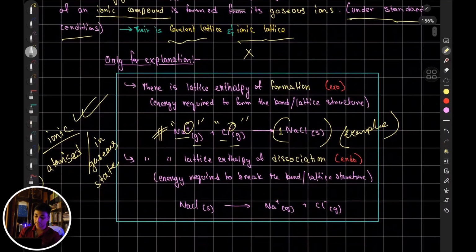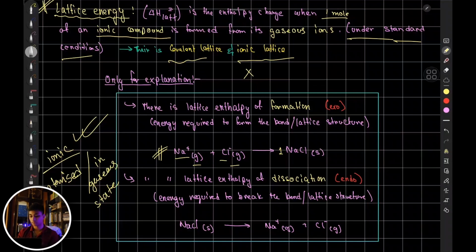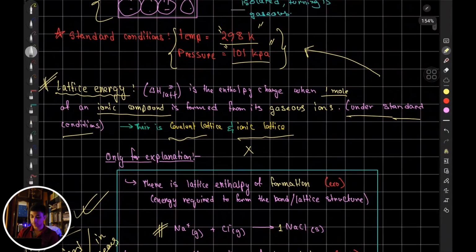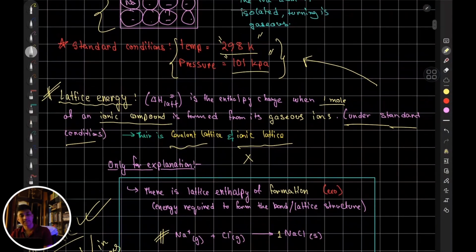So the enthalpy change of lattice energy, if I ask you, should it be endothermic or exothermic? You may take some time to figure it out. So let's say, again, for the same example, we're taking the sodium ion and the chlorine ion.